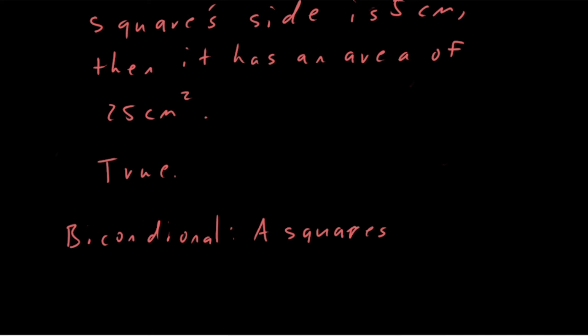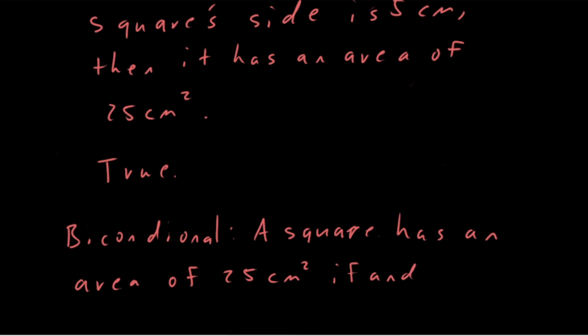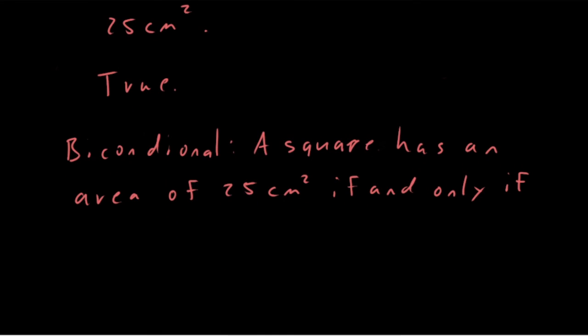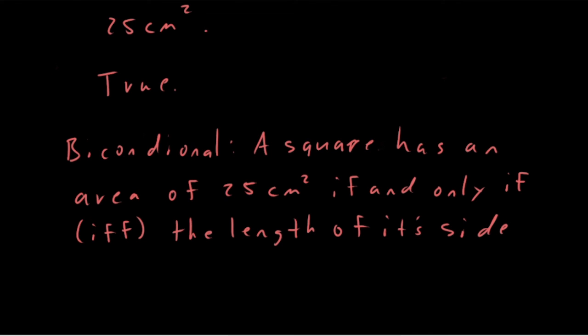A square has an area of 25 centimeters squared if and only if, and remember this, the shorthand for this is IFF, if and only if the length of its side is 5 centimeters.